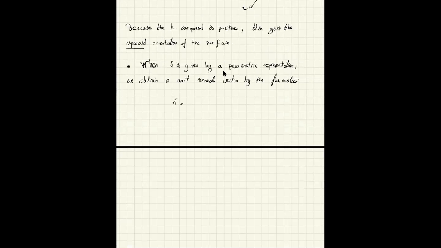But this one will depend on the parameterization, right? And as I said, it doesn't really matter. In this case, there is no way I can tell you which one you choose. You have to go with the exercise, right? In a lot of cases, there will be closed surfaces, so you will know which one.